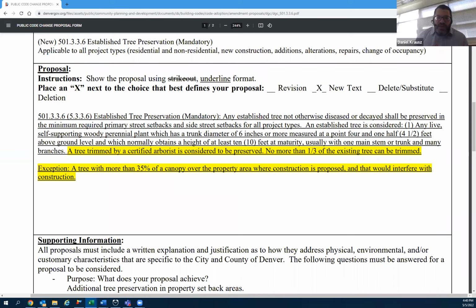So again, this is only for trees that are located in the setback. Of course, the canopy might be located beyond that, but only to a limited degree. Once you have more than that degree of the canopy extending and getting in the way of construction, you use the exception.